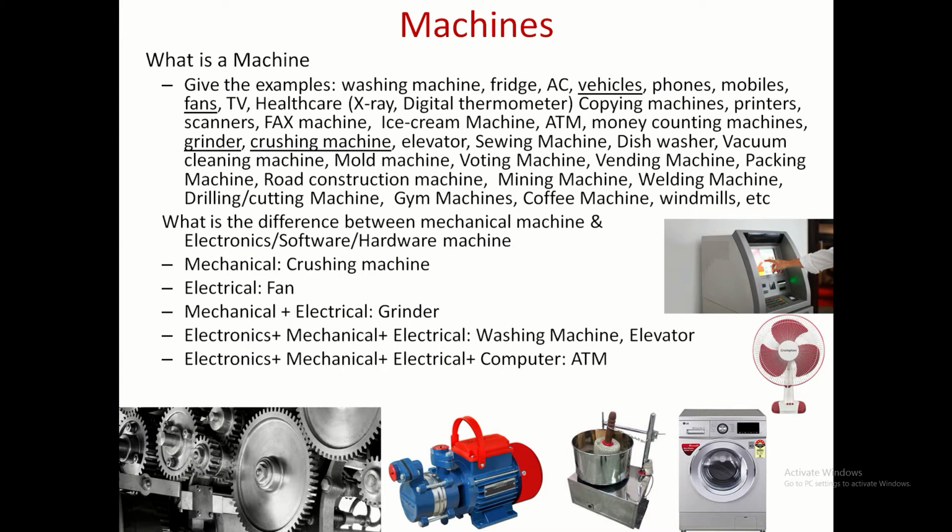They're all having a small electrical motor where electrical energy is converted into some mechanical energy or vice versa, right? Maybe a turbine or a windmill, there the wind energy is converted into electrical energy.